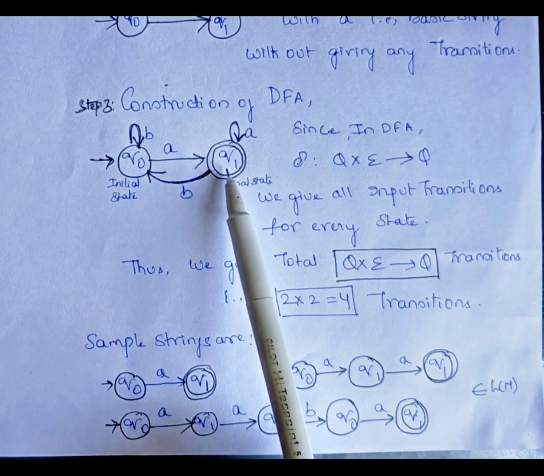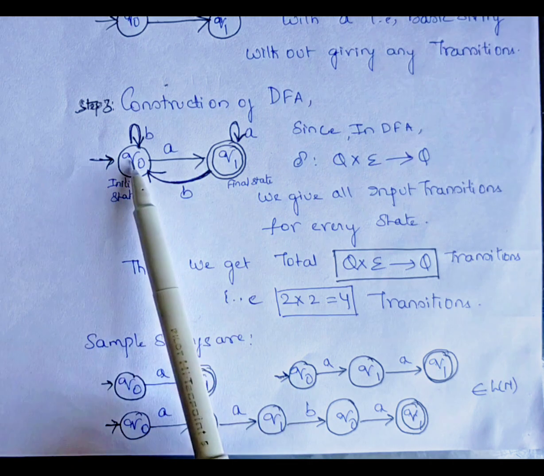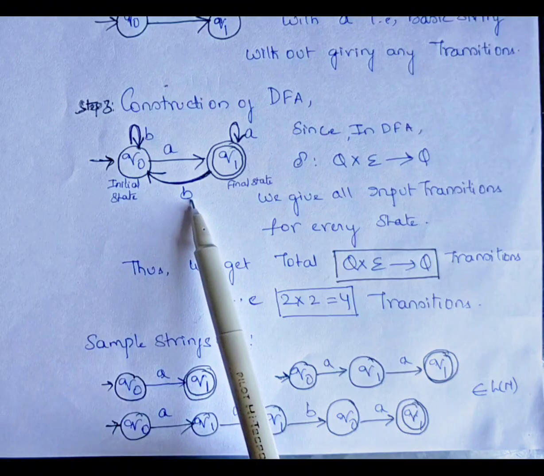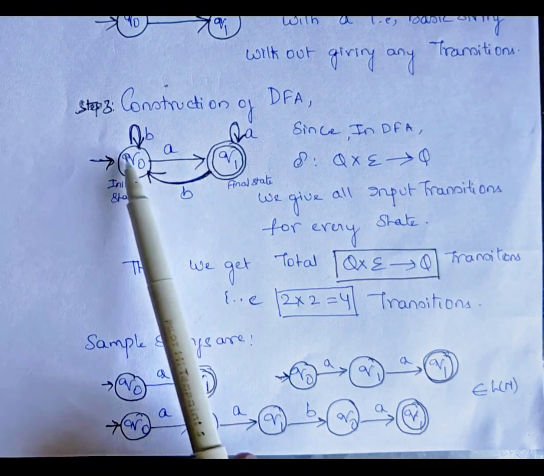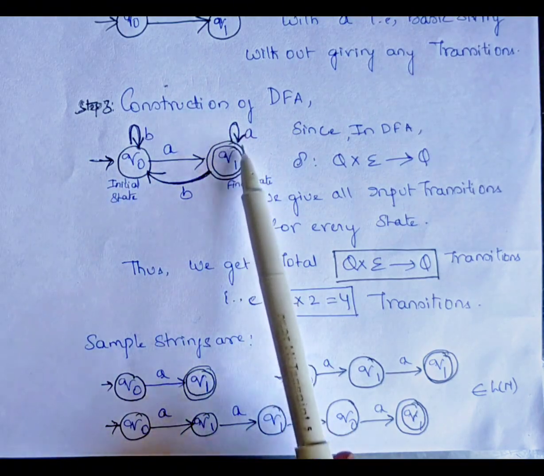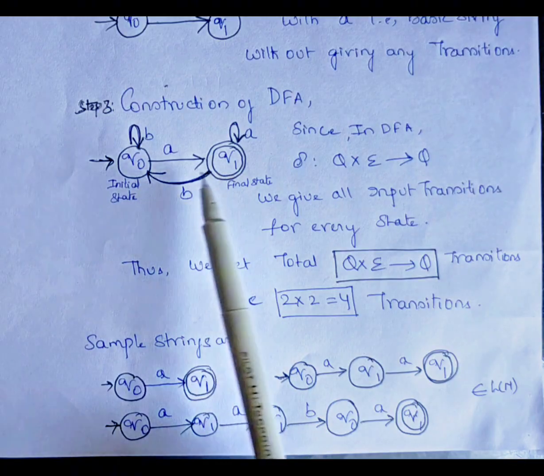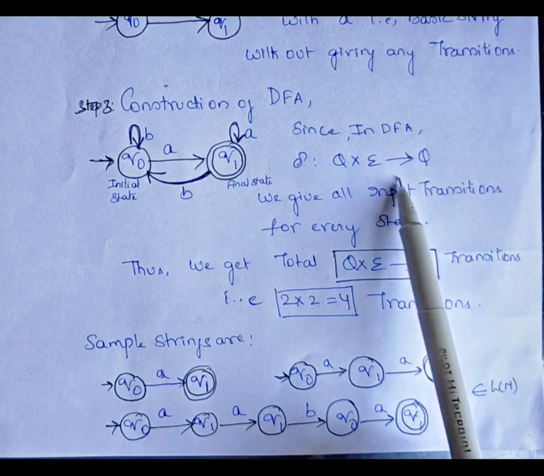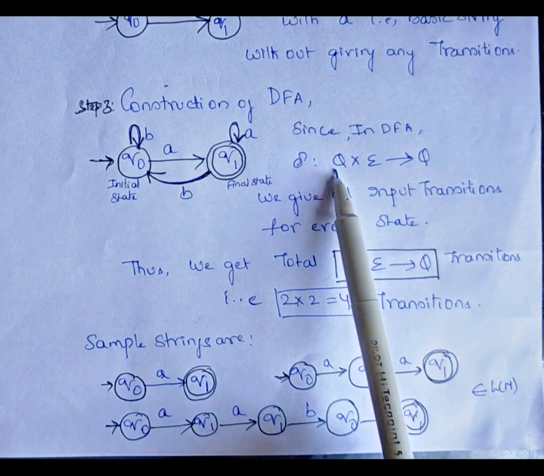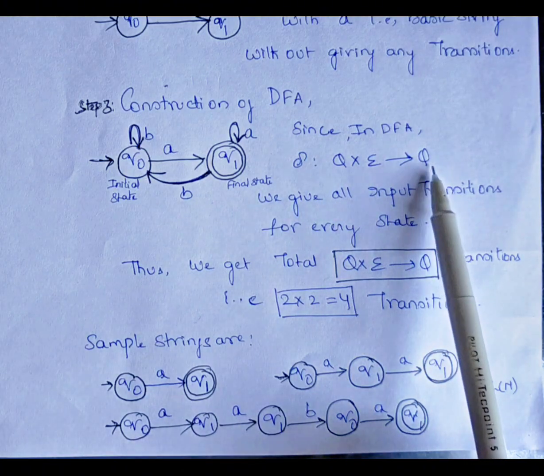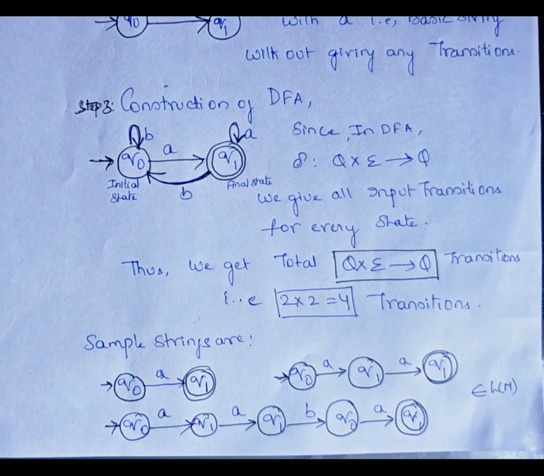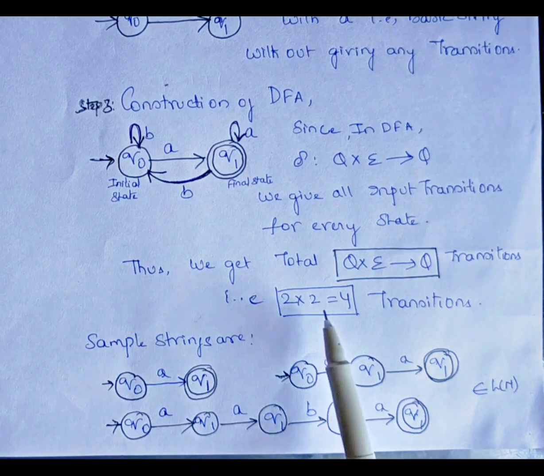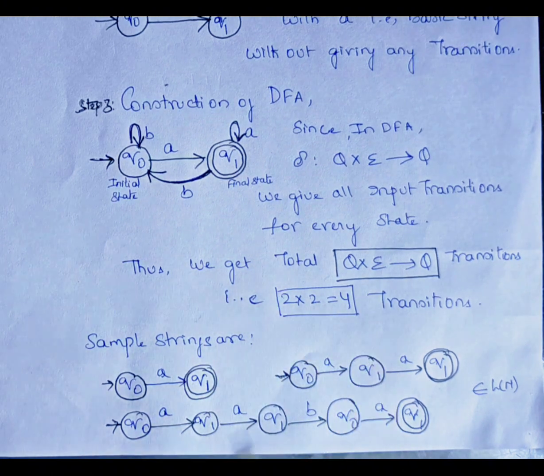Instead of taking a new state here, we give the transition back to the initial state Q0 upon the input symbol B. So Q0 on A is completed, Q0 on B is completed, Q1 on A is completed, Q1 on B is completed. Thus we can say it is a DFA, since the transition rule Q cross Sigma to Q is satisfied. 2 states on 2 inputs reach a next state in Q. Thus in this DFA we generate a total of 4 transition functions.